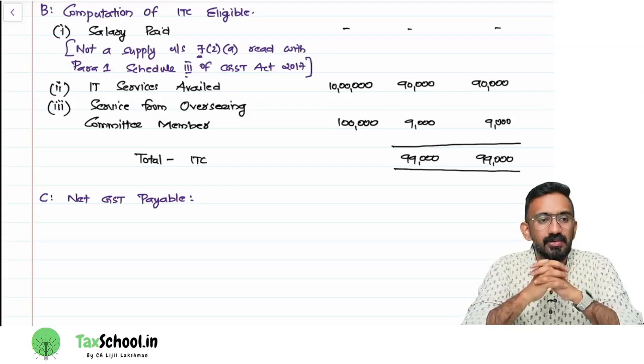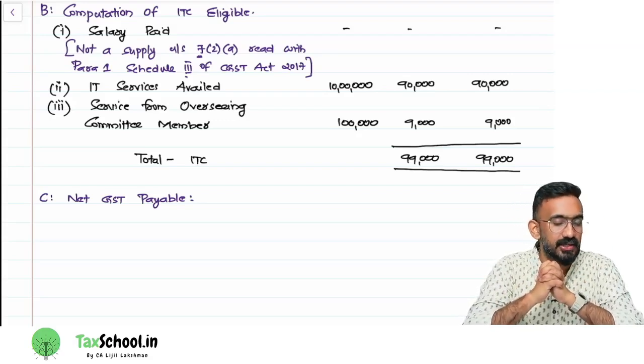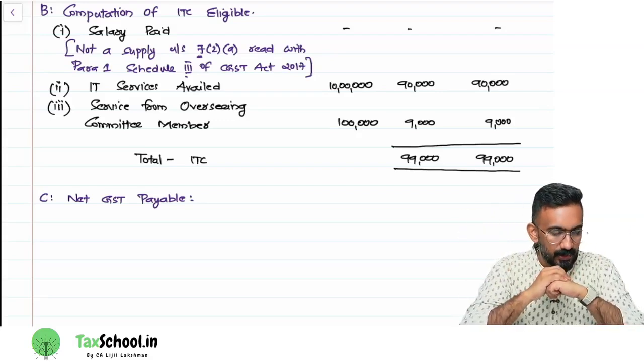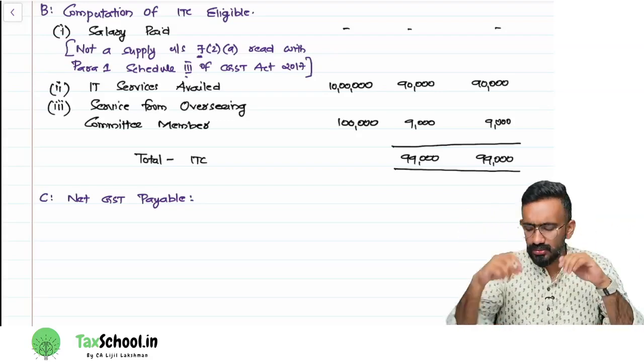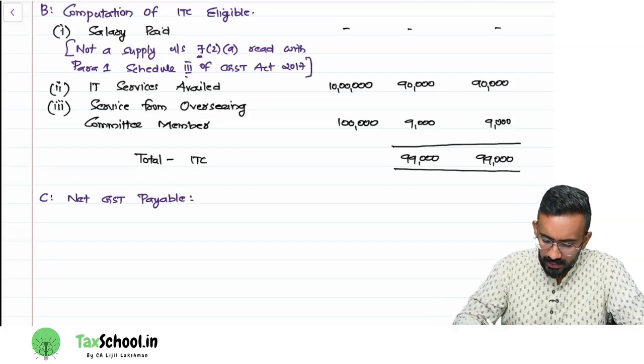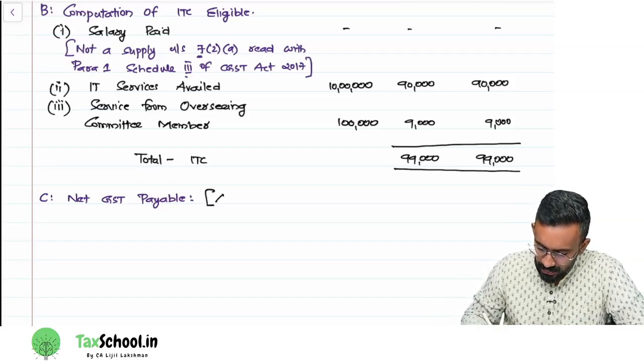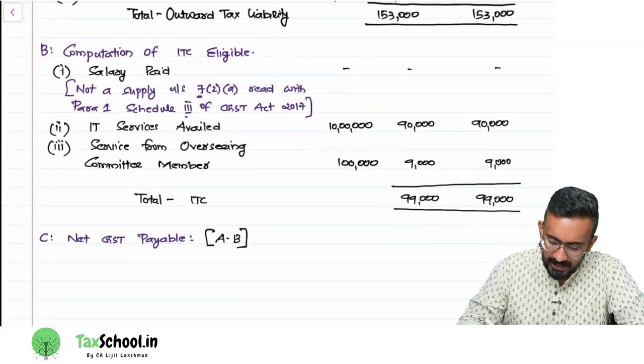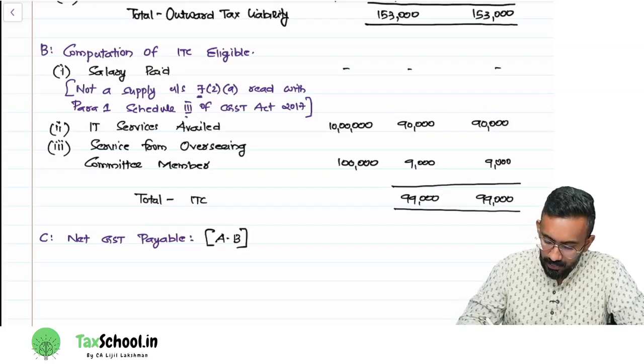Please understand, we will use this only if you have an IGST credit. In a question, if you only have CGST, SGST credit, or you only have IGST credit, then you don't need to do any of this. You can directly go and set off. So you will show net GST payable A minus B, which is 1,53,000 minus 99,000 gives you 54,000 as your answer.